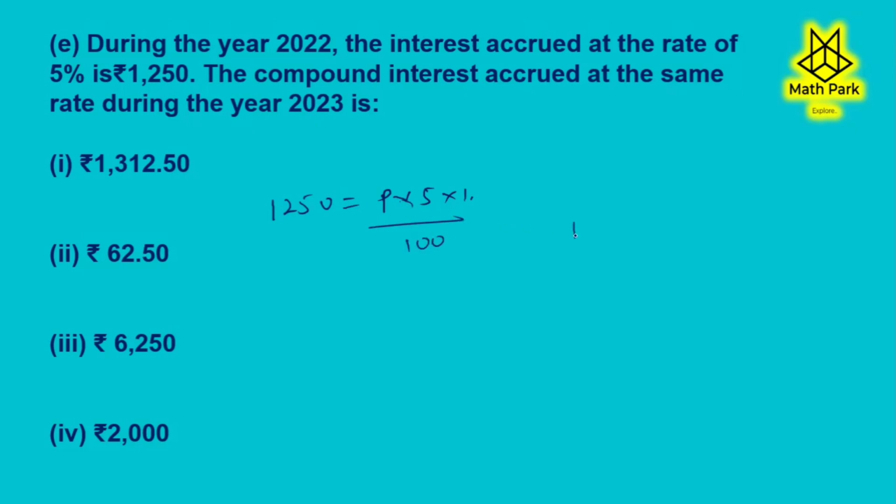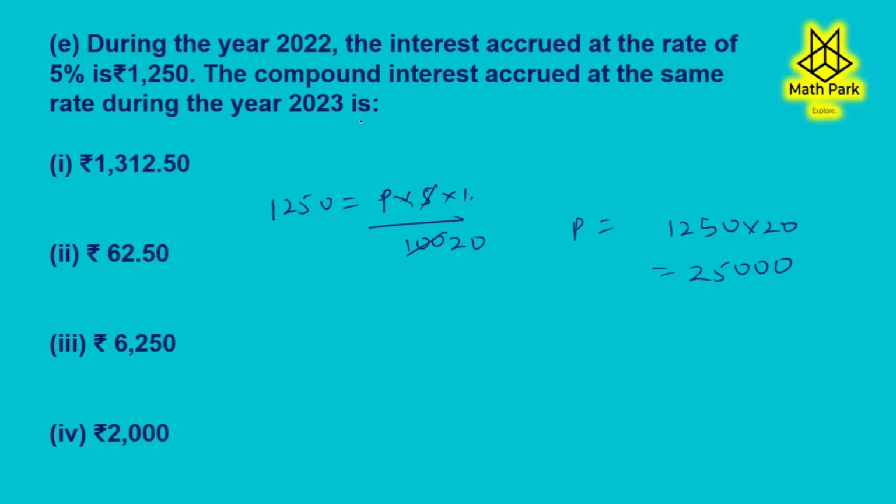So we get that the principal is equal to, 1 to 5 ones and 5 twenties, 1250 times 20, which is 25,000 is the principal.